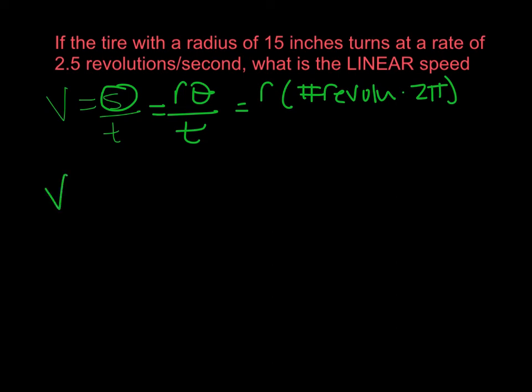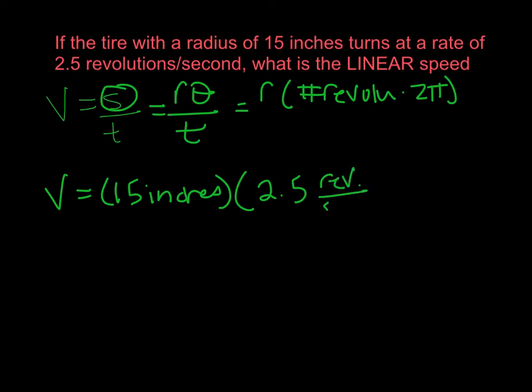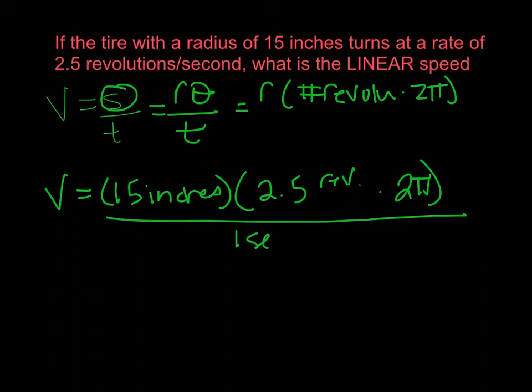So now my linear speed: my radius is 15 inches, and my theta, I went around 2.5 times, so 2.5 revolutions per second, times my 2 pi. They're talking about per second, so we're just going to move this per second down here.